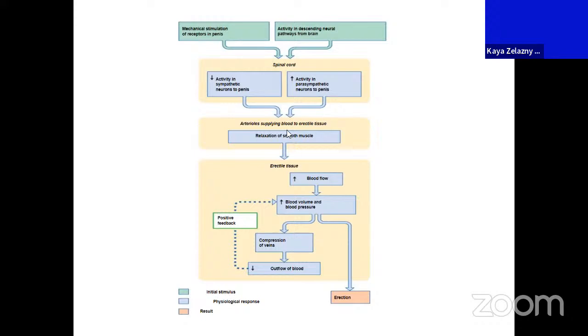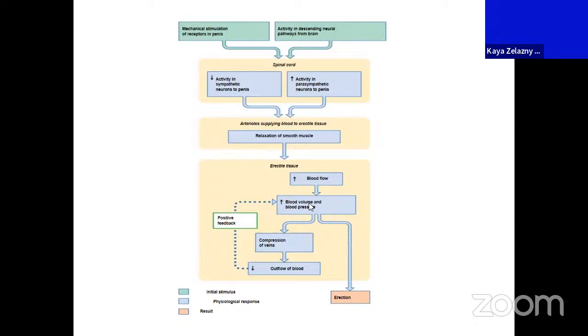They're going to get bigger, their diameter is going to get wider, which means we're seeing a drop in resistance, which means blood flow is increasing to the penis because of this influence of the parasympathetic nervous system. Okay. So then we've got extra blood flow going into the penis, into these erectile tissues, which means we have an increase in the blood volume and in the blood pressure here.